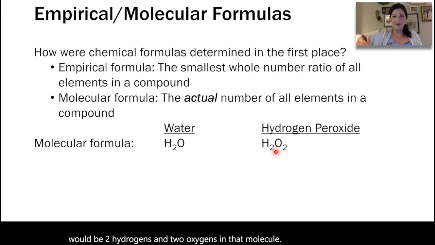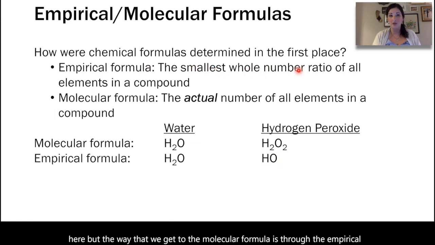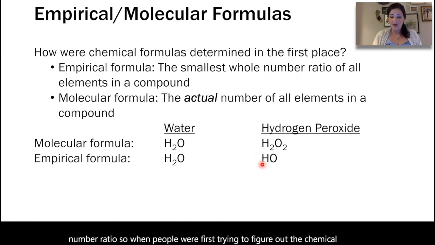Now, molecular formula is what we're always trying to figure out. That's the end game here. But the way that we get to the molecular formula is through the empirical formula. Remember, empirical formula is the smallest whole number ratio. So when people were first trying to figure out the chemical formula of hydrogen peroxide, they noticed that there were the same number of moles of hydrogen and oxygen in every sample, right?